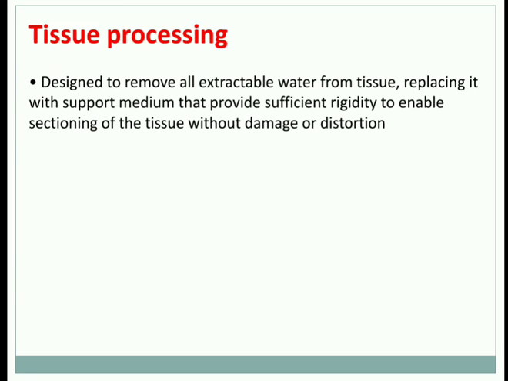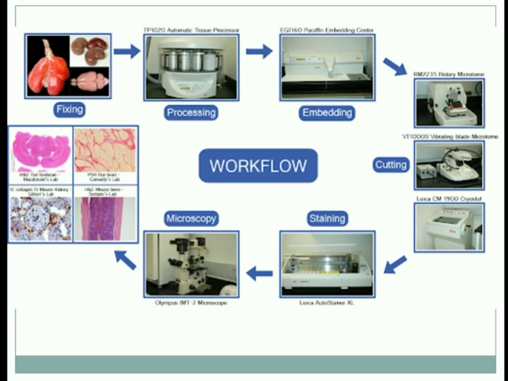Tissue processing. It is designed to remove all the extractable water from tissue, replacing it with a support medium that provides sufficient rigidity to enable sectioning of the tissue without damage or distortion. Tissue processing has various steps involved in it.